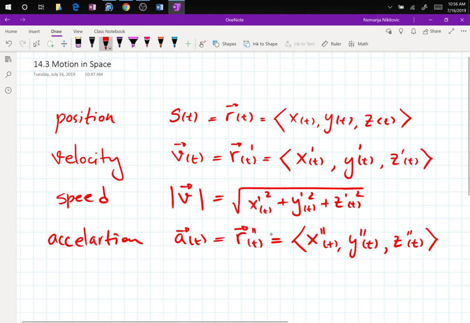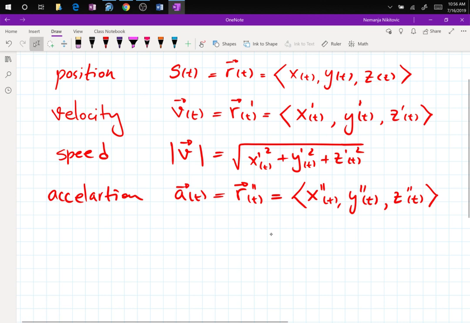So you are doing 3 calc 1 problems in each one of these. So that is our motion in space. And now if you have something given, whether it's 2D or 3D, if it's 2D, you will ignore all the z components. If it's 3D, you will obviously include all of the z's.